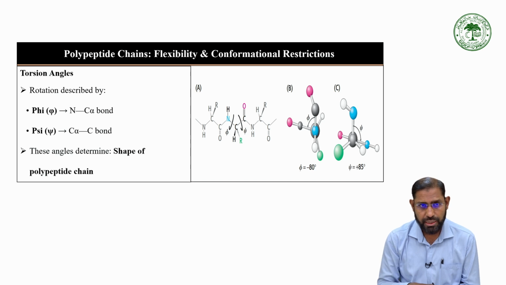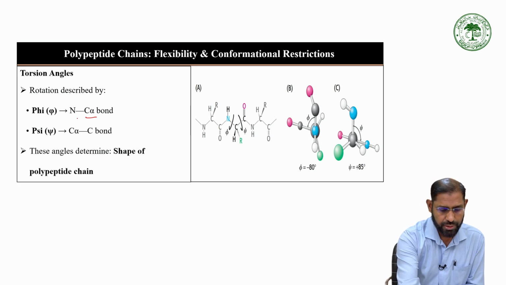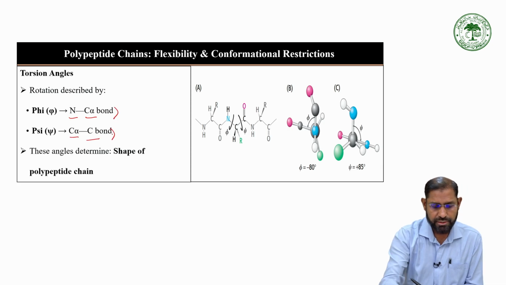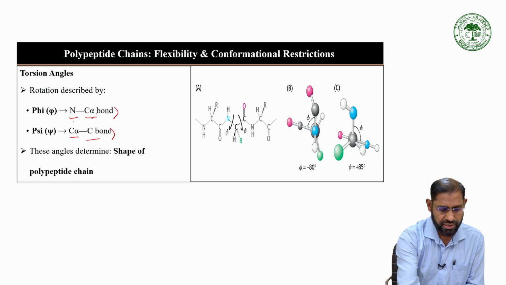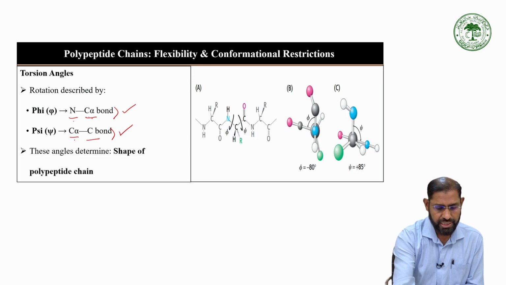Polypeptide chains have two angles, called torsion angles. Rotation is described by the bond of C-alpha with N and C-alpha with the C bond. The N and C-alpha bond gives the phi angle, and the C-alpha with C bond gives the psi angle.